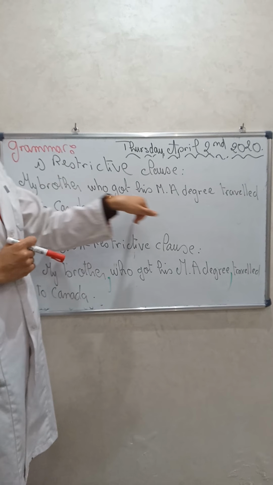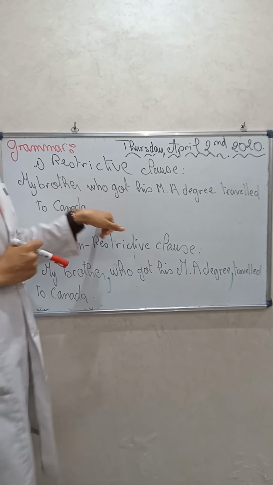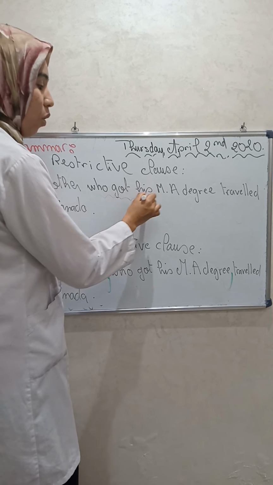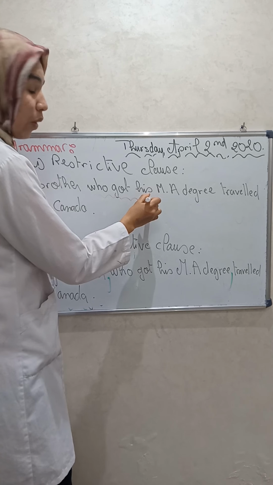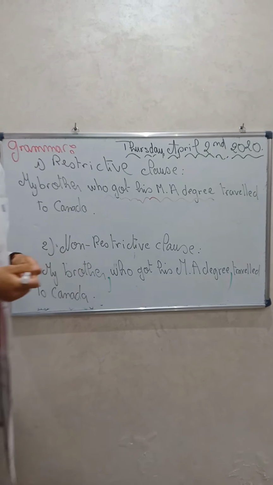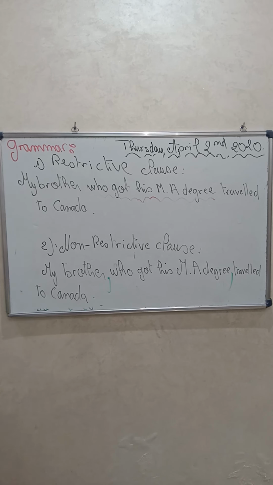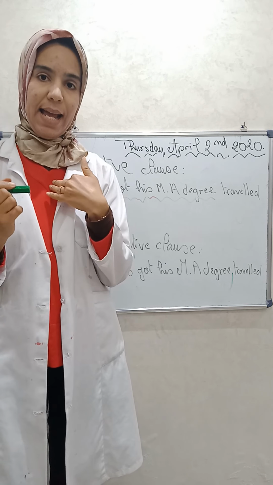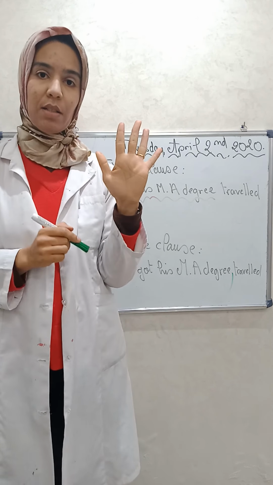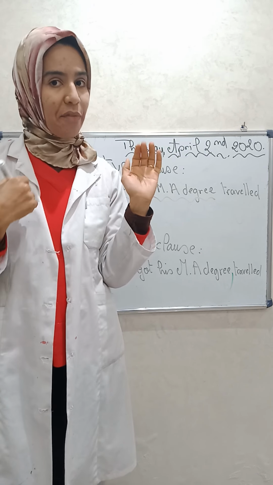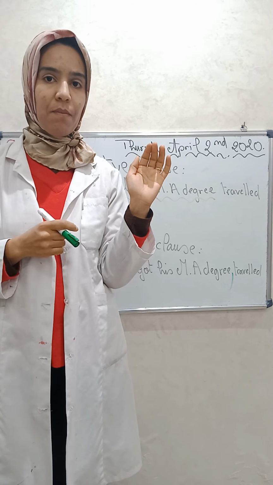My brother who got his MA degree traveled to Canada. Here, the restrictive, or sorry, the relative sentence is very important. Supposing I have 5 brothers. And I tell you, my brother traveled to Canada.